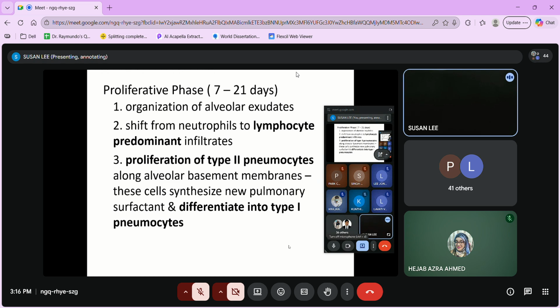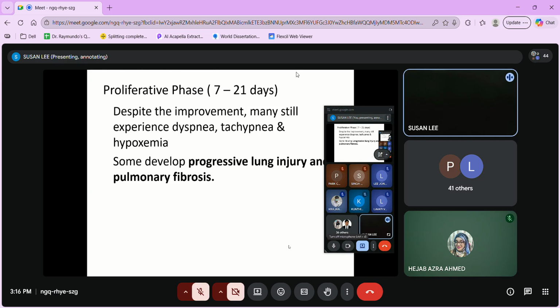So that means the lung would start to recover already. Okay. However, despite the improvement, the patient will still be tachypneic, short of breath, and hypoxemic.